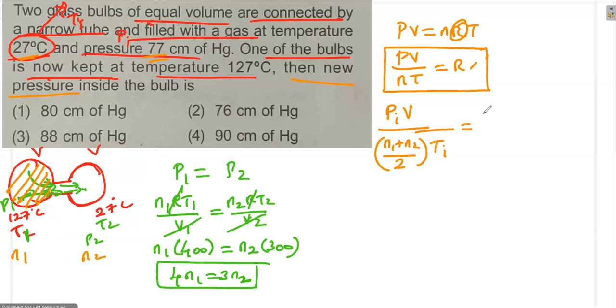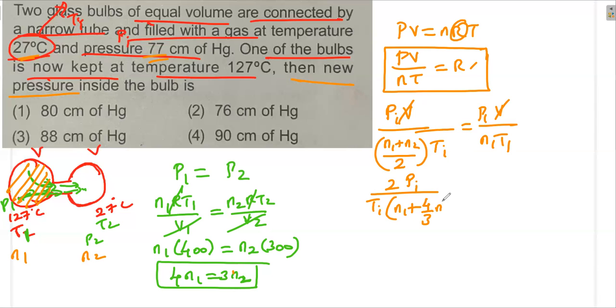Finally, now what do you have? P1, V is the same, n is n1 and T1. V cancels off. I want to find P1, so I can cross multiply, but I think I can substitute for n2 here because I have n1 here. So what is n2 from here? Let's take 2 P initial by T initial. n1, let it be like that. n2 is 4 by 3 n1.